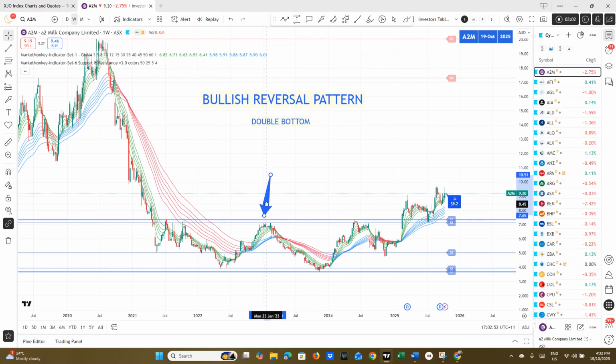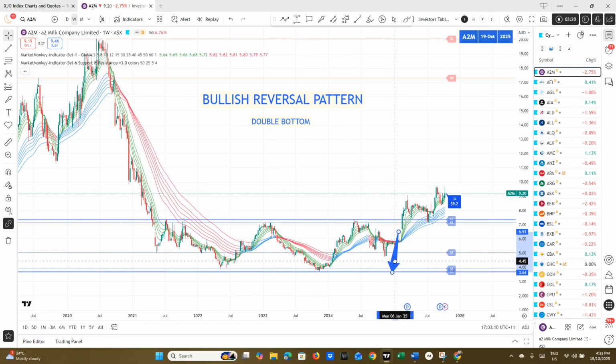So what does that mean for us? As you can see, it made another attempt to break through this previous resistance level and it failed. We obviously don't want to get in too early after a double bottom, because sometimes it can become a triple bottom or a dead cat bounce or something hideous like that.